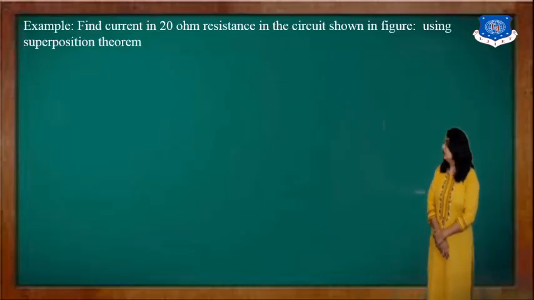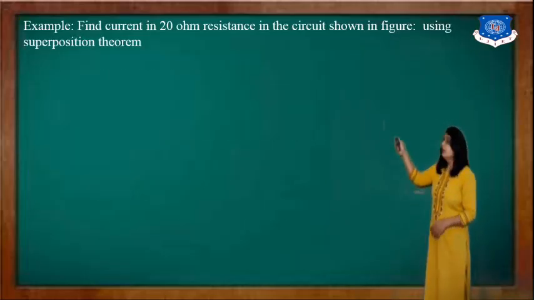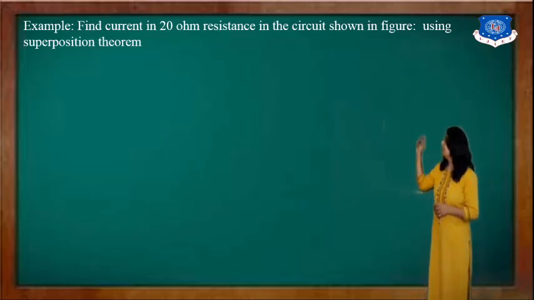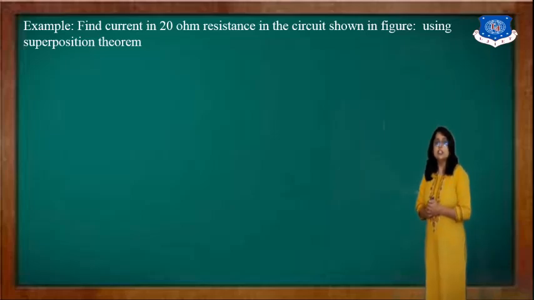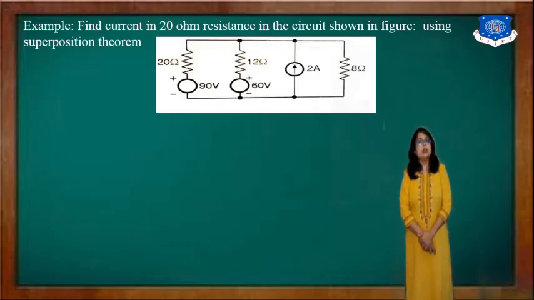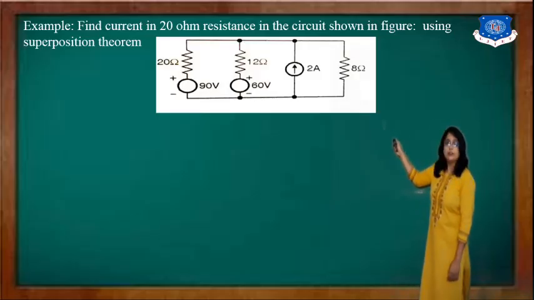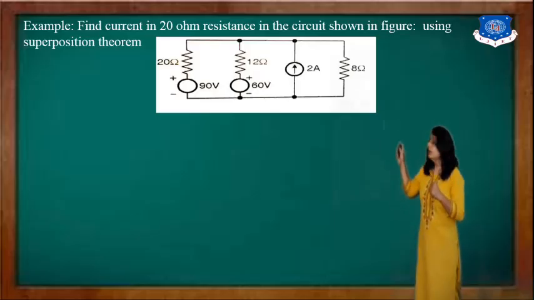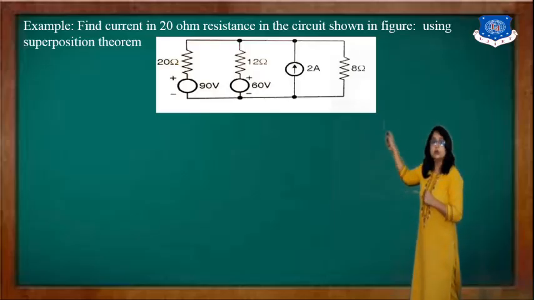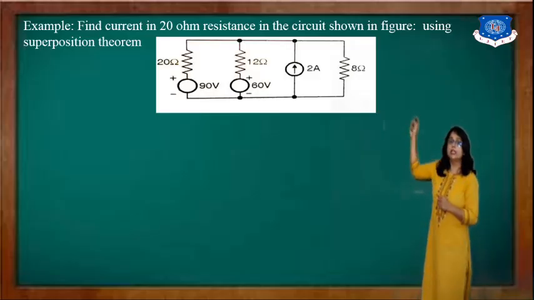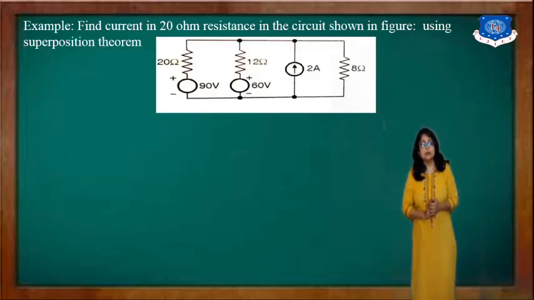Now, let's solve this example. Find the current in the 20 ohm resistor in the circuit given in the figure using the superposition theorem. Look at the diagram very carefully. Here we have 3 sources: 90 volt, a voltage source, 60 volt, a voltage source, and 2 ampere, a current source.